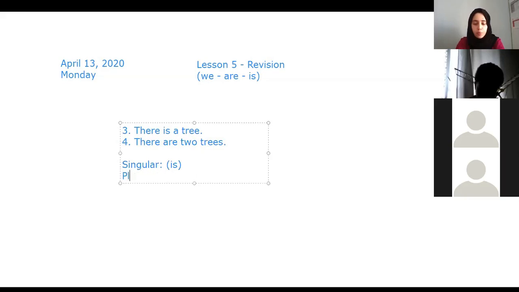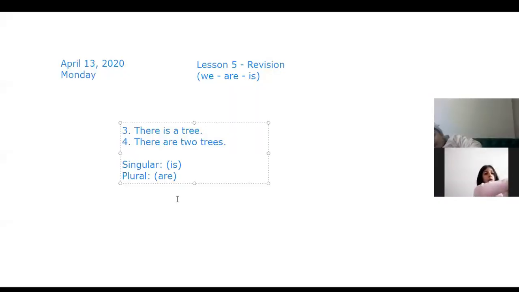For plural, we use are. So there is a tree because it's only one. There are 2 trees because it's 2 or more. Thank you, Yaman. We will do one more example and then I will let you go.